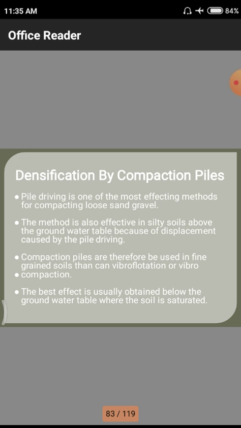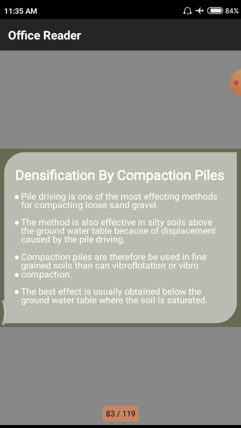If the groundwater table is very near to the ground level, the soil is automatically affected by the water table. Automatically we need compaction piles for dewatering the soil.